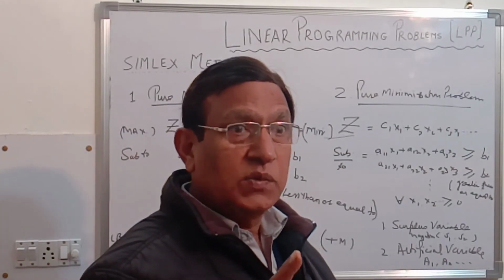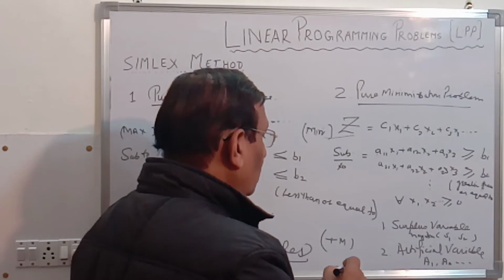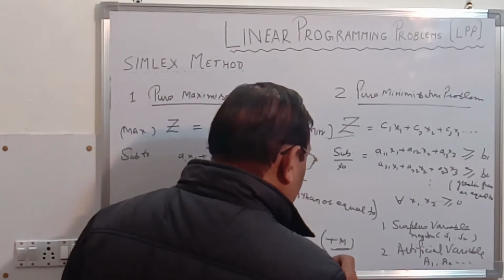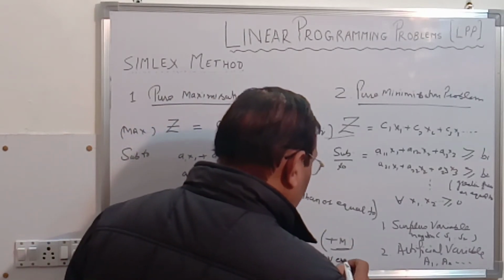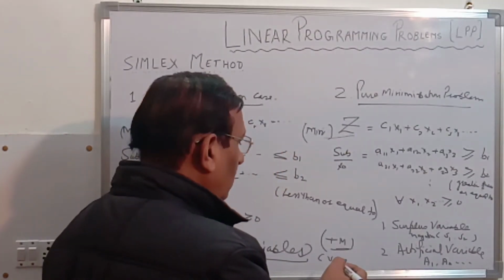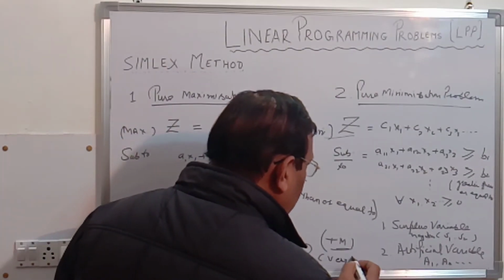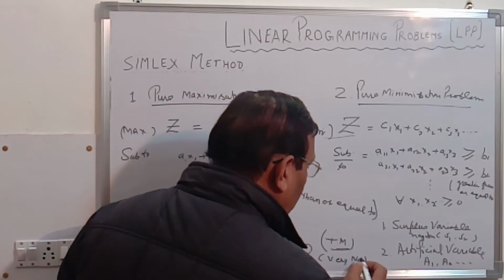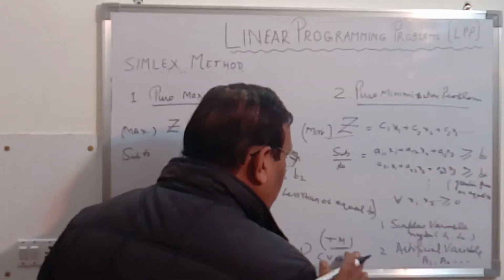One coefficient means positive 1. So this M is a very large number. This is a simple English word, but it is a very large number.